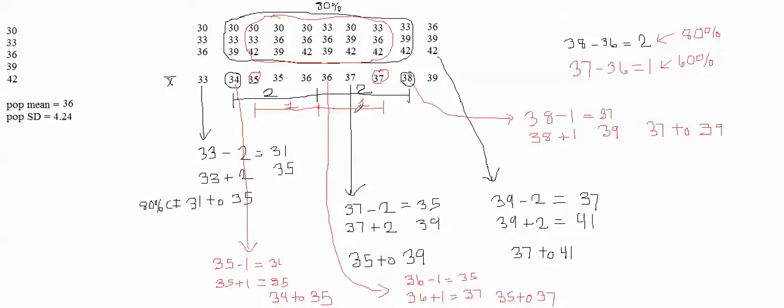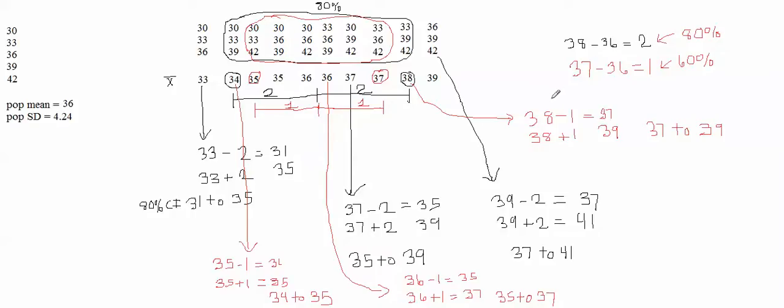Remember that the margin of error is just a number. The 80% margin of error is the distance from the population mean to the outer edges of the middle 80%. The 60% margin of error is the distance from the population mean to the outer edges of the middle 60%. So the margin of error is just a number.